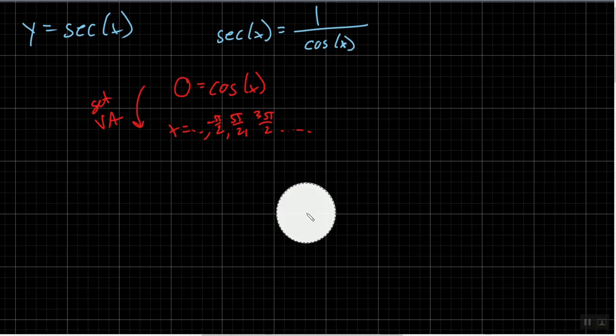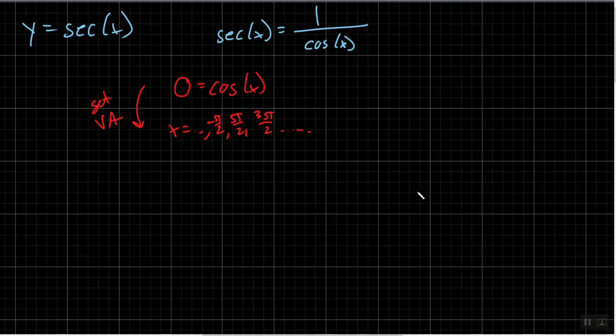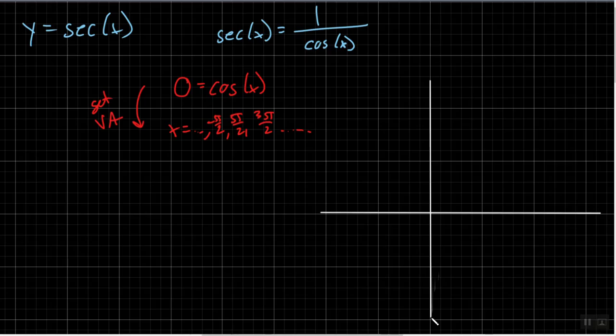Let's add our x and y axis. I'm going to do it right there and right there. We're only going to graph one period of it. Cosine is always going to be negative at the same point, so yes.